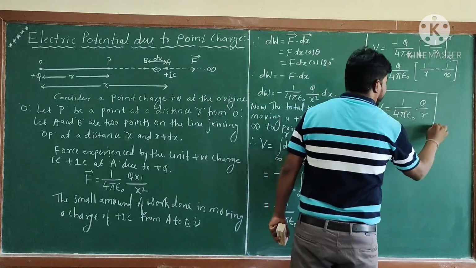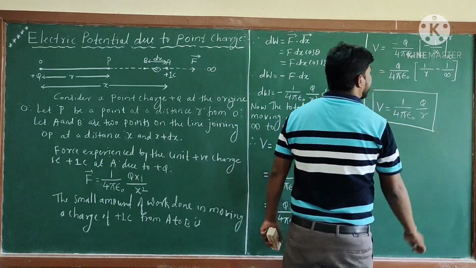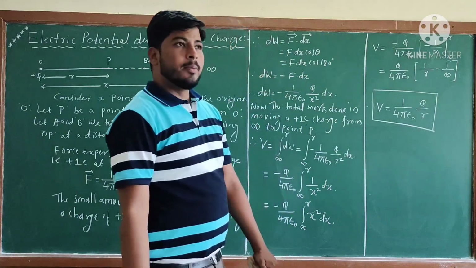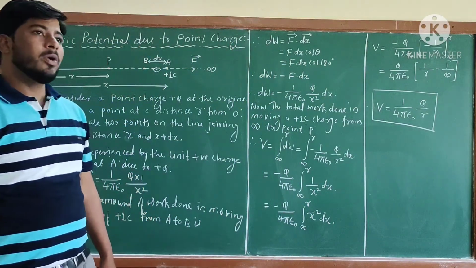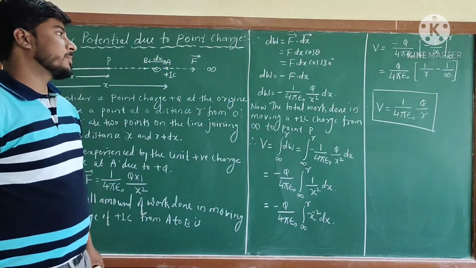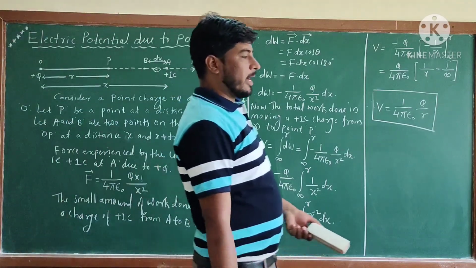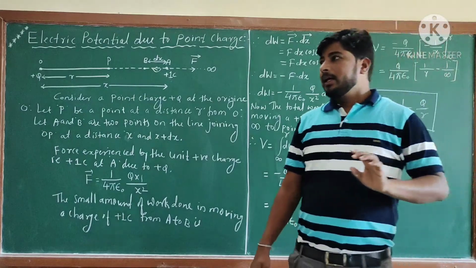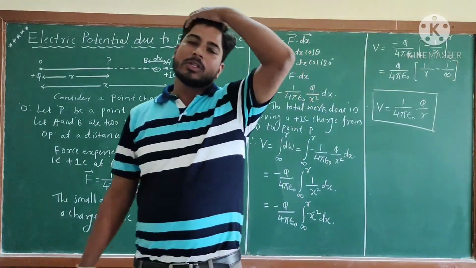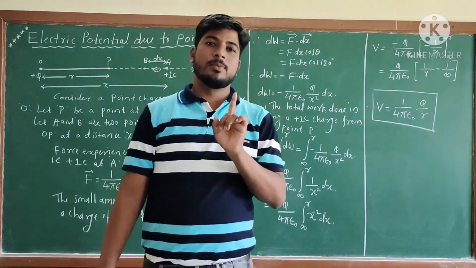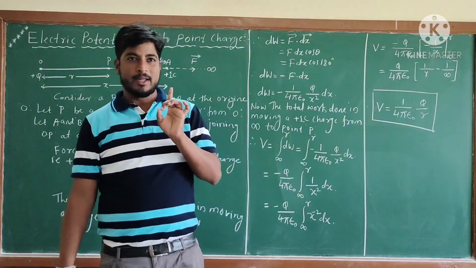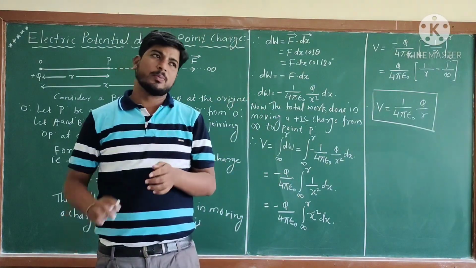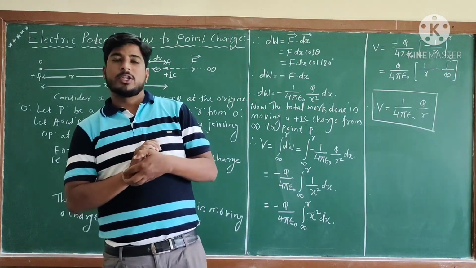That is the expression for the electric potential due to a point charge. V is equal to 1 divided by 4 pi epsilon naught q divided by r. So here, electric potential due to a positive charge is always positive.